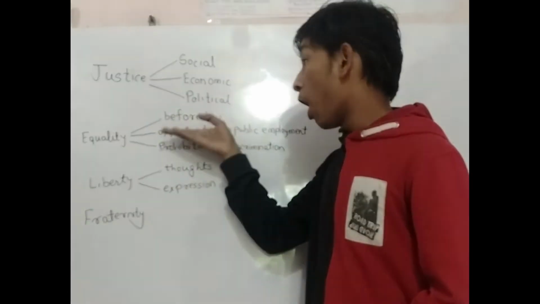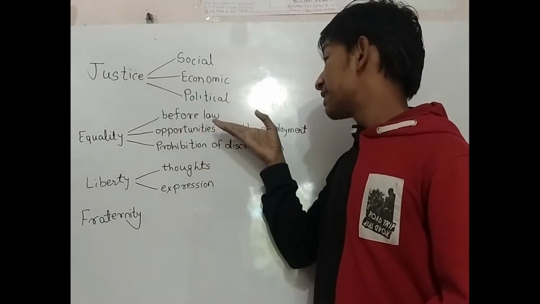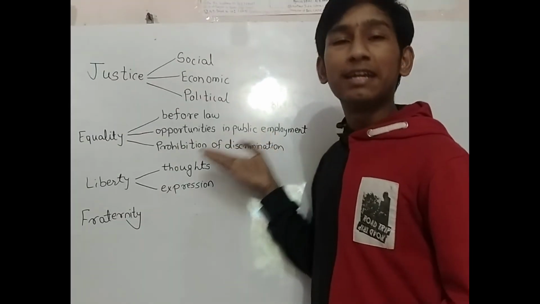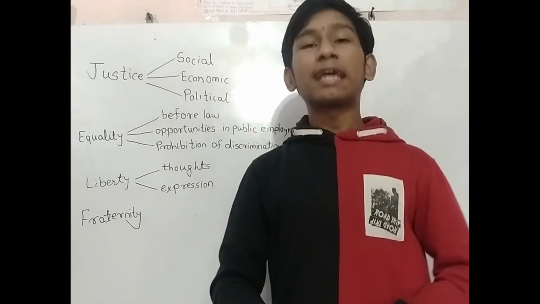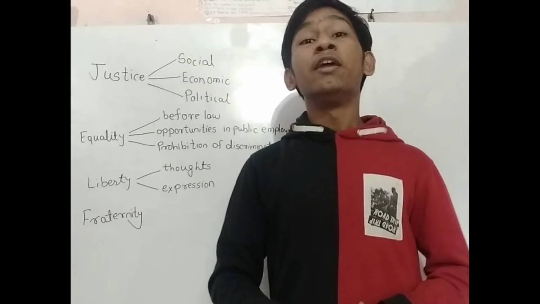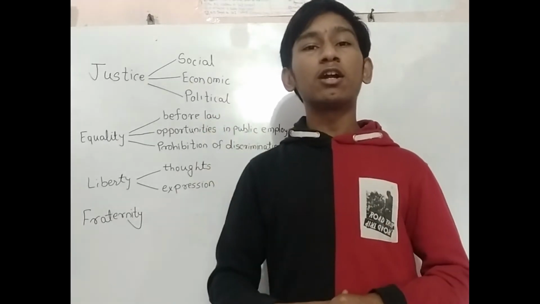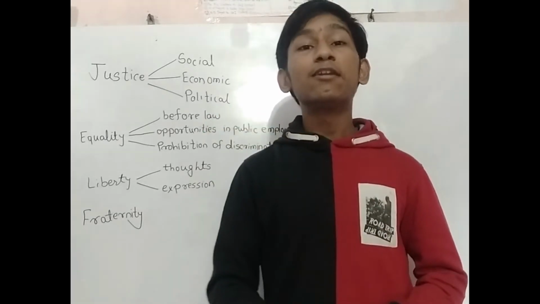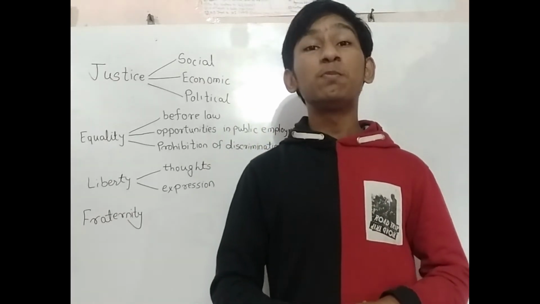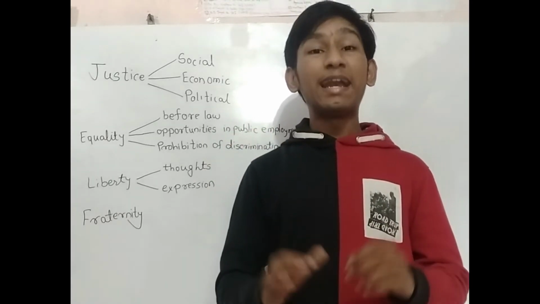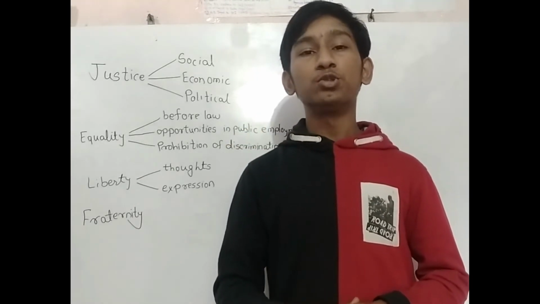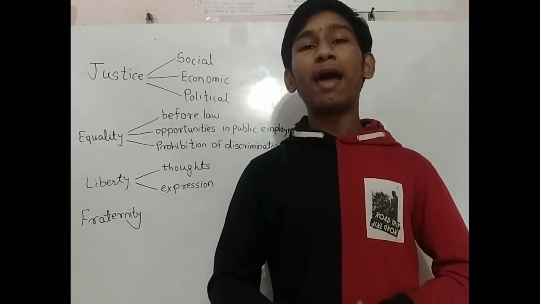Equality before law, equality in opportunities in public employment, and prohibition of discrimination is the second objective of the Indian Constitution. Means every citizen in our country must be considered equal, and all the rights conferred to them must be equal, which is guaranteed under Article 14 to 18 of the Indian Constitution, the right to equality.